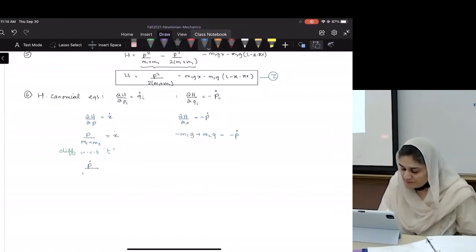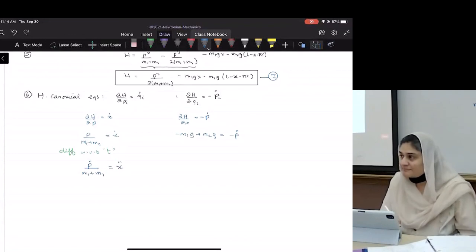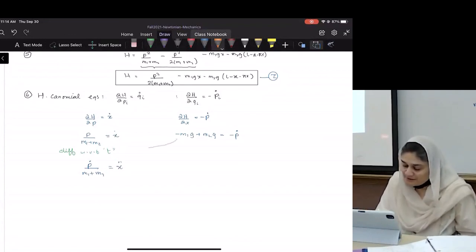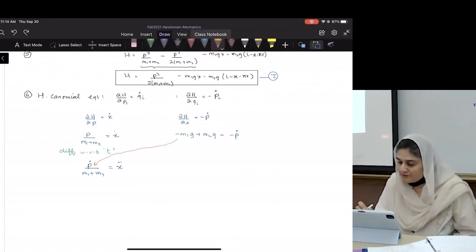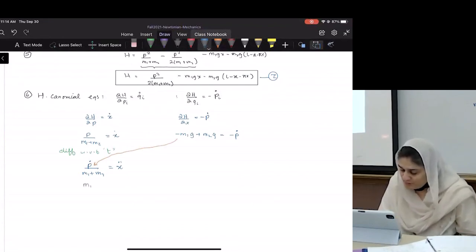P dot over (M1 plus M2) equals X double dot. Then I can plug this value in here. What do I get? (M1 minus M2)g equals X double dot times (M1 plus M2).